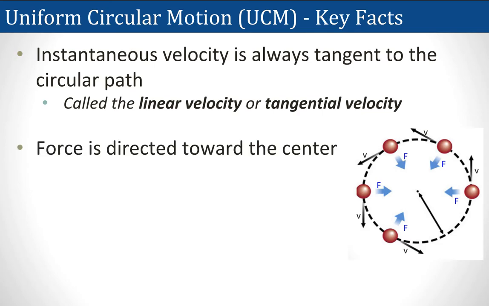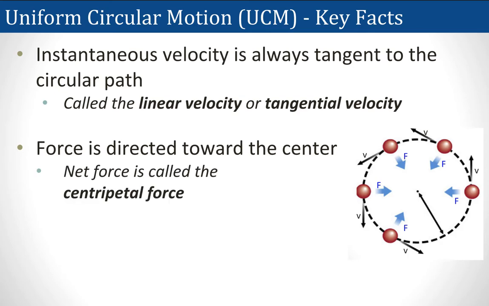The force that causes this all to happen has to be directed toward the center. It has to be perpendicular to that velocity direction, which would be along the radius at that point. The word that means towards the center is centripetal. So the net force is sometimes called the centripetal force because it's a force that points towards the center of the circular path.